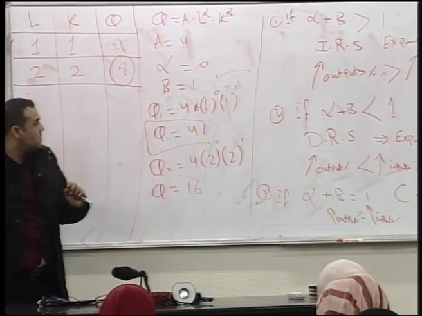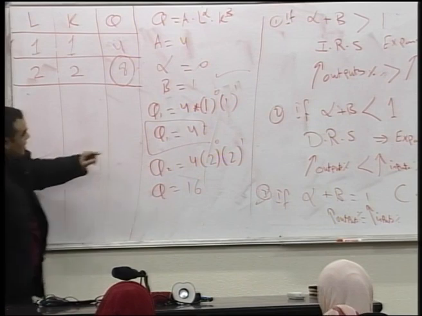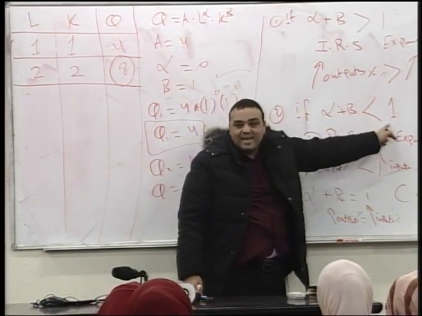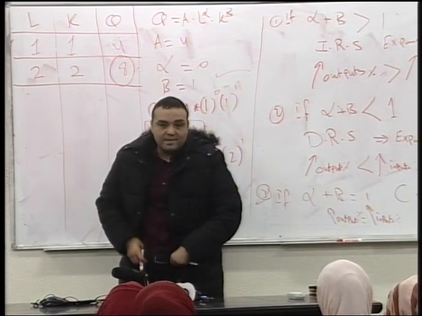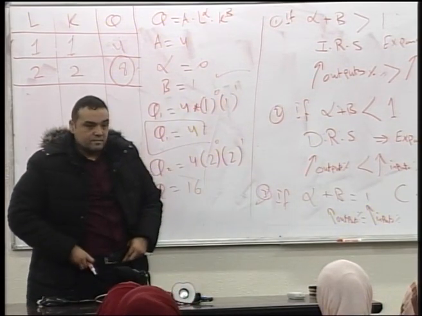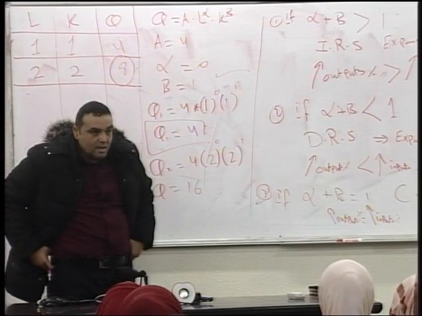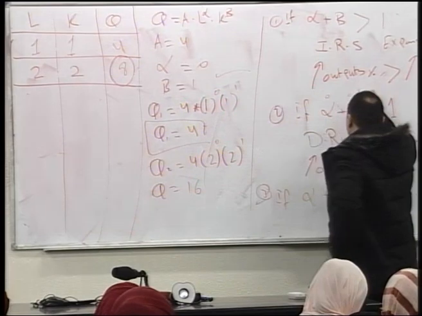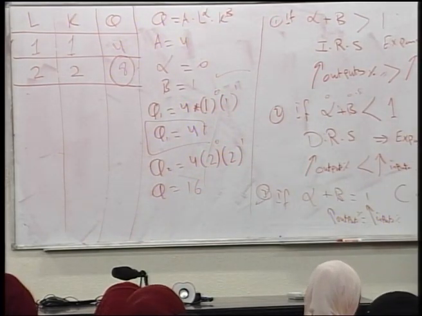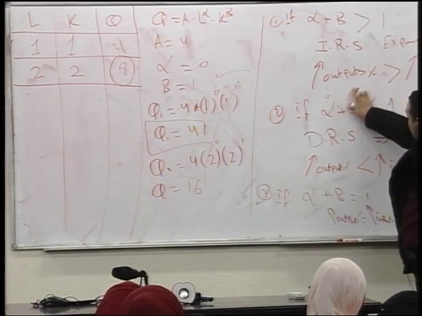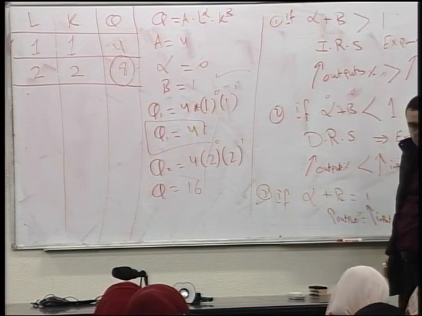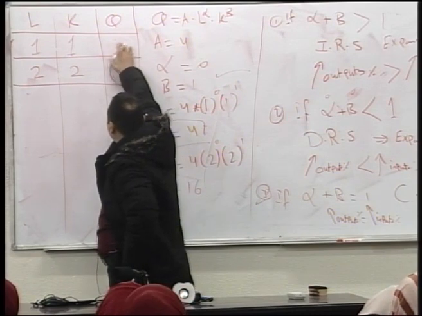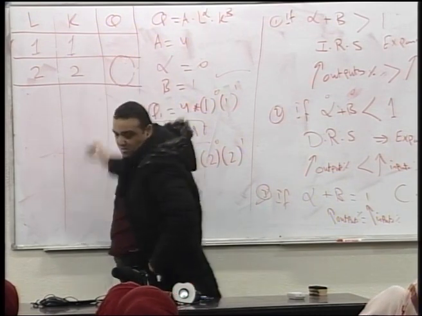What else? The second case, if alpha plus beta is less than 1. Let's assume that alpha equals 0 and beta equals 0 as well.